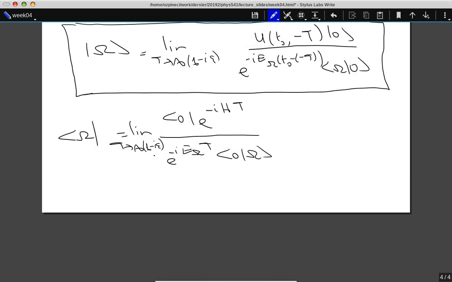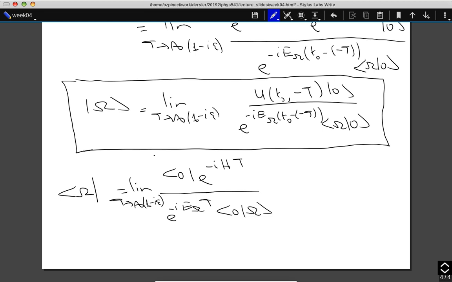Essentially they should give me the same result, but I would rather keep it as 1 minus i epsilon in both limits. For the time being, it's just a mathematical trick.